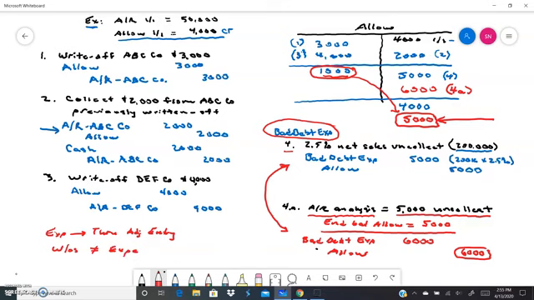As you can see above, the expense is already recorded when we make our adjusting entry and make our estimate for bad debt expense at the end of the period.